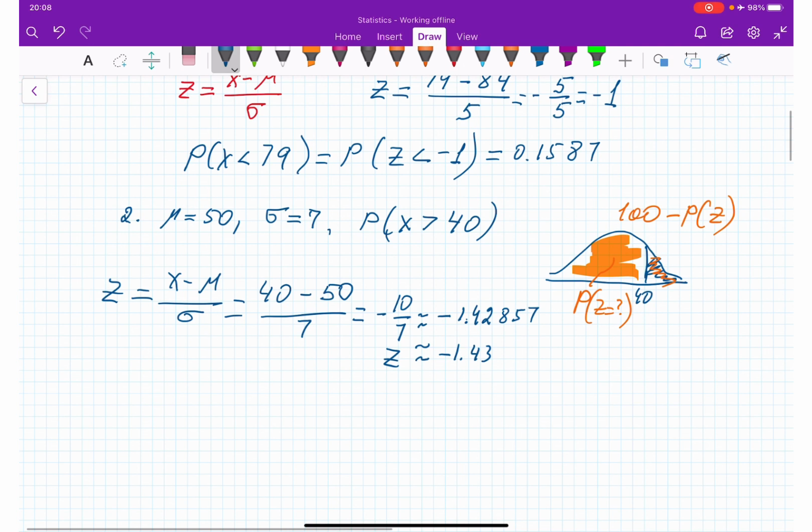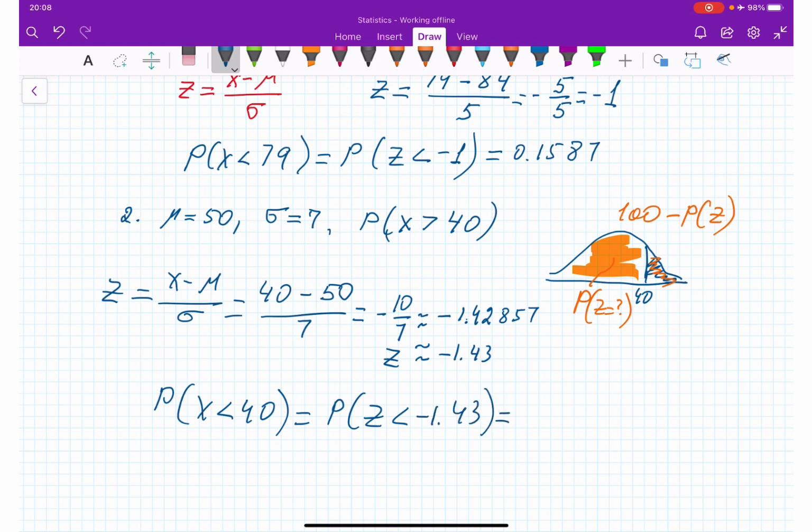So now we need to find the probability for x less than 40. We need to find less than first before we go for greater than, which will be the probability for the z-score less than negative 1.43.